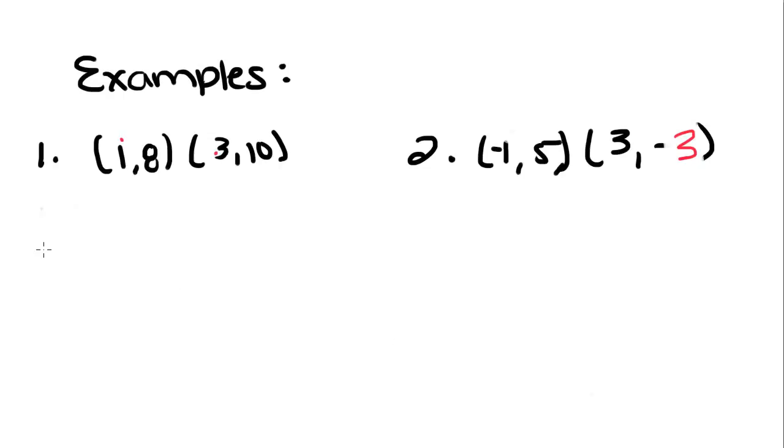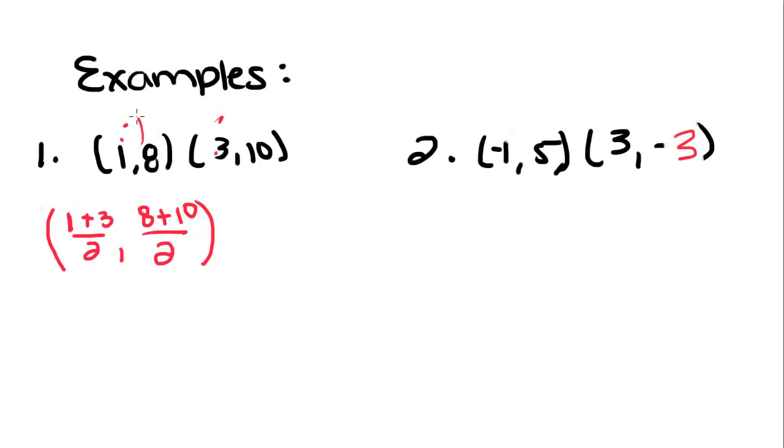So first, for the x we have 1 plus 3 over 2, comma, 8 plus 10 over 2.